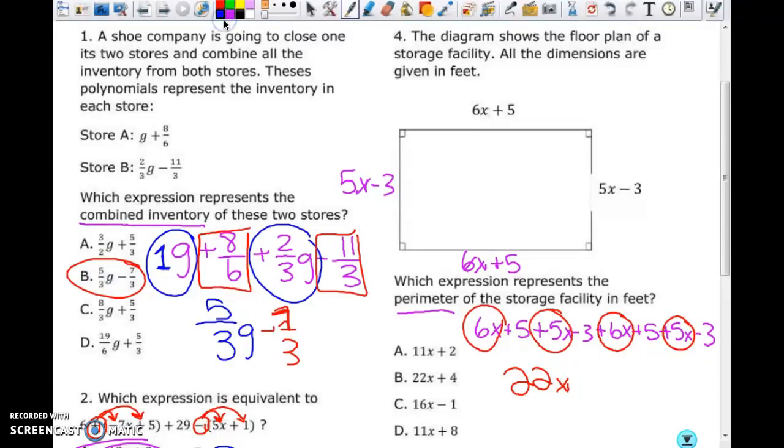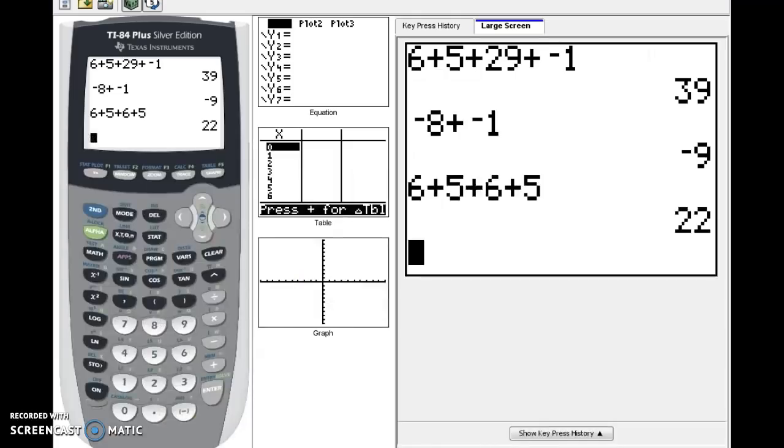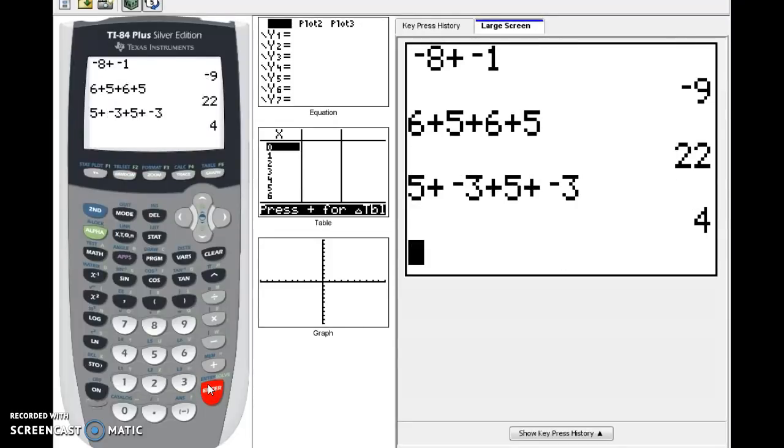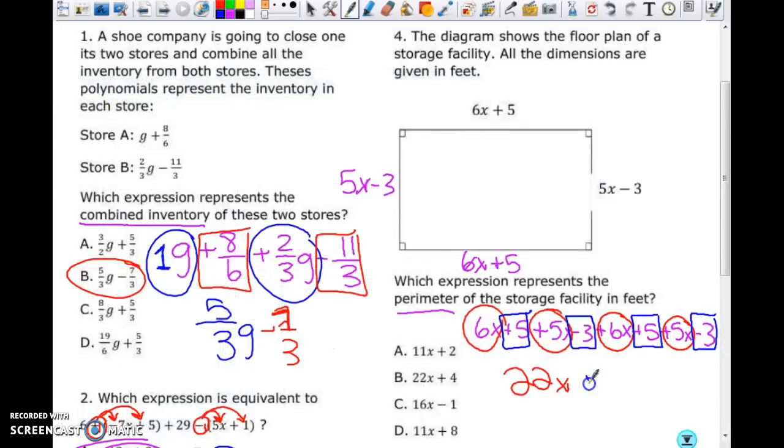Right? And then I have 5 here, minus 3, plus 5, minus 3. So if I add all that up, 5 plus negative 3 plus 5 plus negative 3. Add all of it up. What does it give us? 4. So plus 4. So my answer was B.